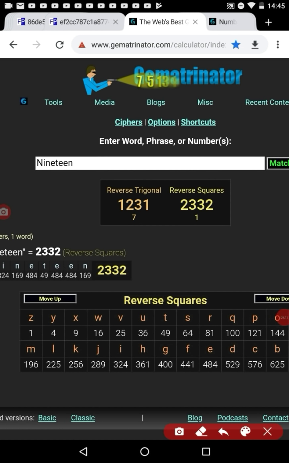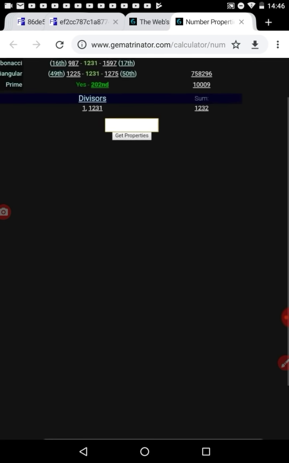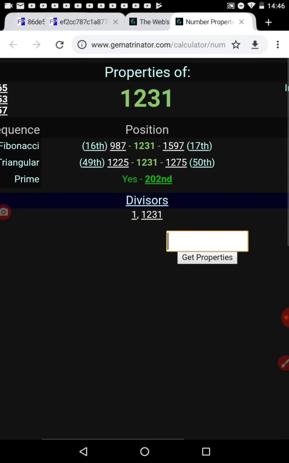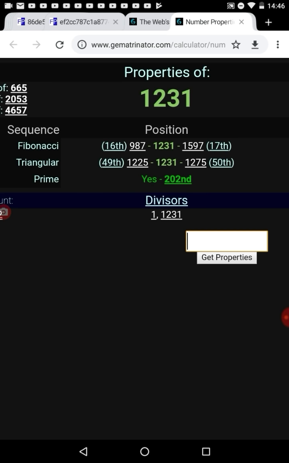So, talking about the two numbers that represent time, 12, and then the master of it, 13. That's the reverse trigonal. One way for 12, backwards for the 13, 31. 12, 31. 1231 is the 202nd prime number. 202nd?